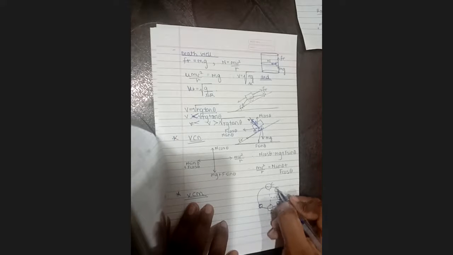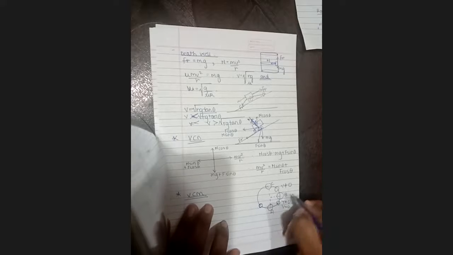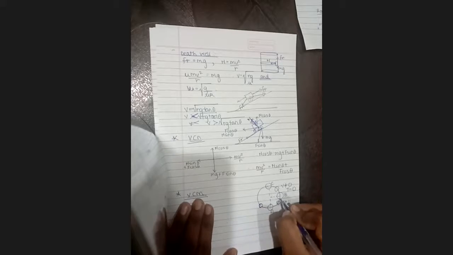But when the ball is here, its velocity is not zero, and its tension becomes zero between B and C.